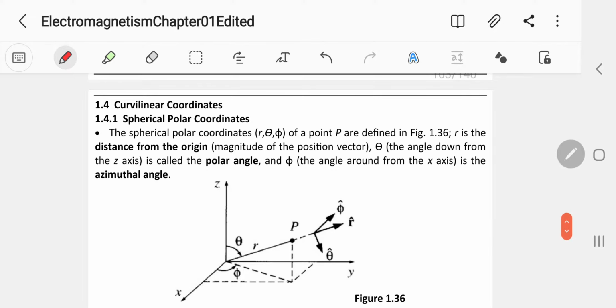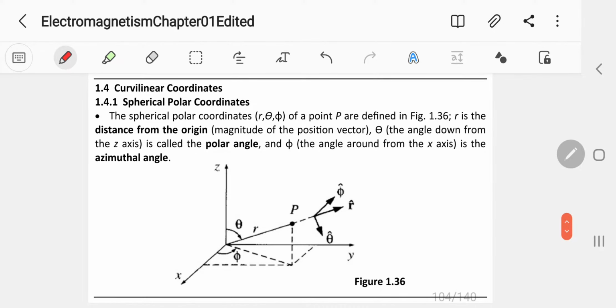So we will now go to the curvilinear coordinate system. We're done with the rectangular coordinates x, y, z, where x hat, y hat, and z hat are directed in a constant direction.